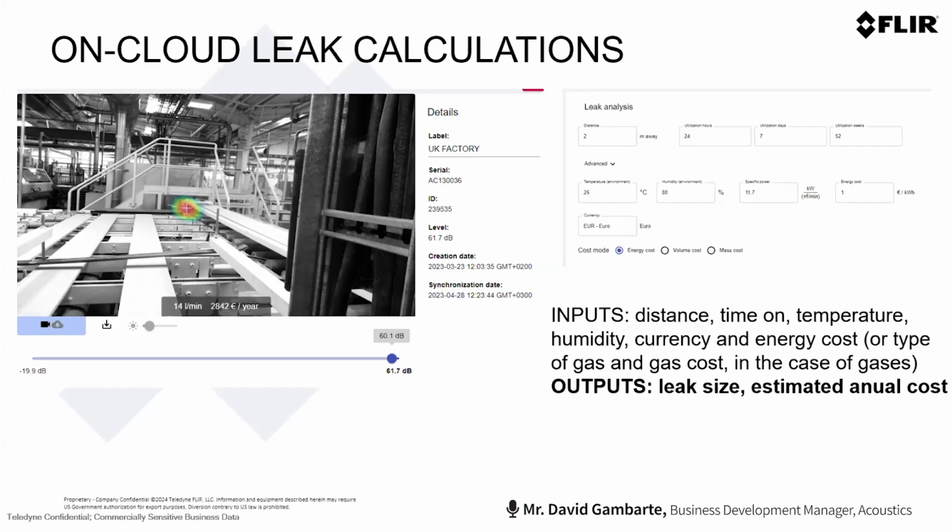And then the outputs are the leak size and the estimated annual cost. We believe this is really good for you, because it's not only about fixing leaks, but understanding the return on investment of the time that you're using with our cameras on your premises.